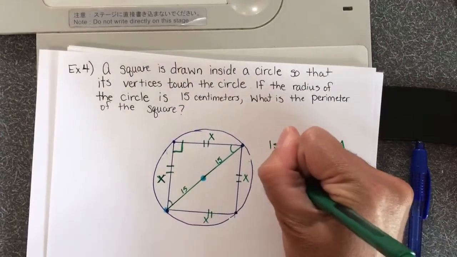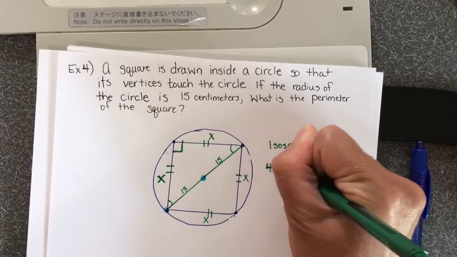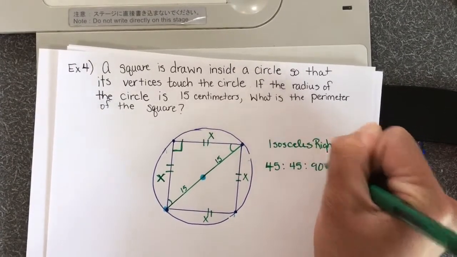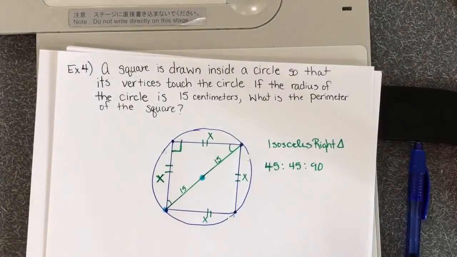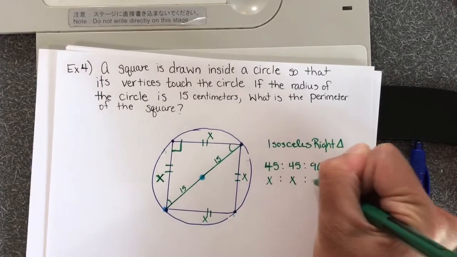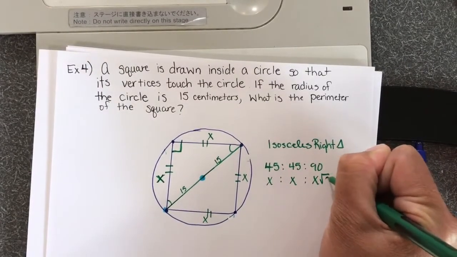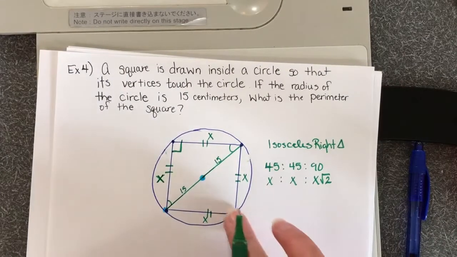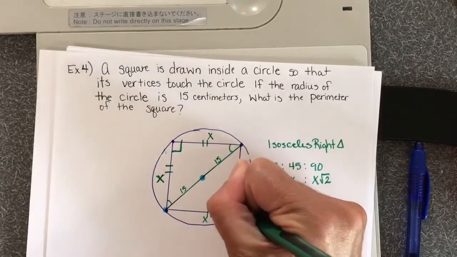So I'm going to set up my ratio of my angles, 45, 45, 90. And then I'm going to set up my ratio of my sides, x, x, x times the square root of 2. So the segment that we know about is opposite of the right angle.